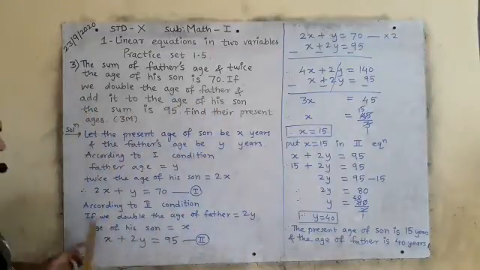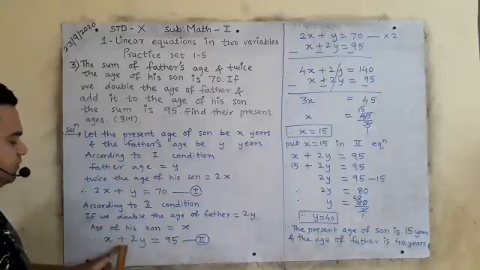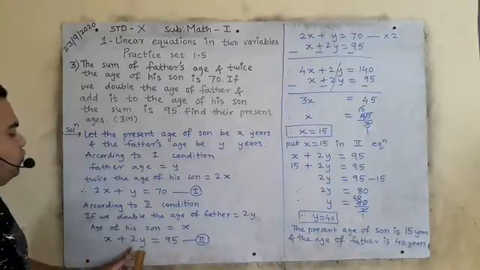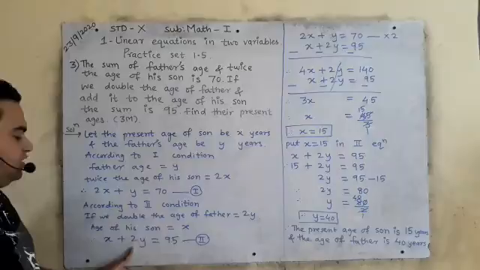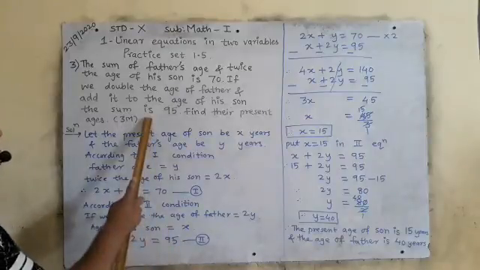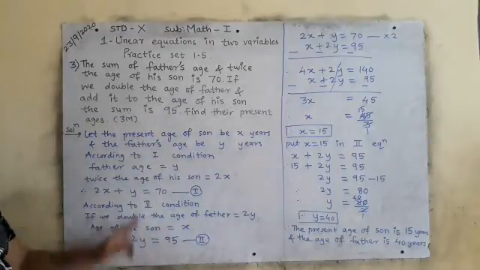So for son's age x plus 2y, double the age of father, is equal to 95. These 2 equations you got.